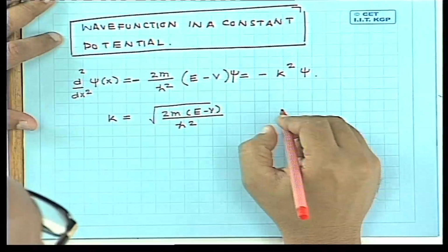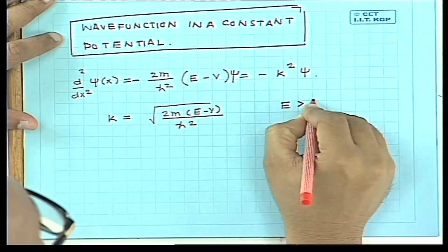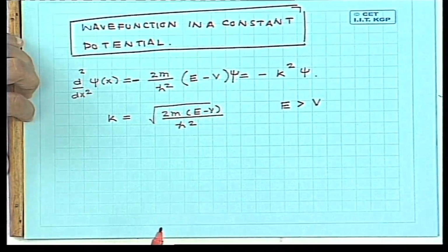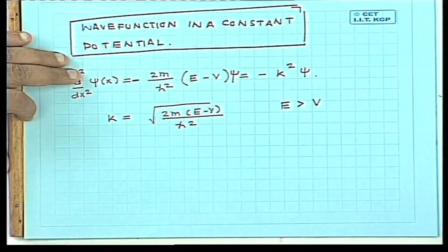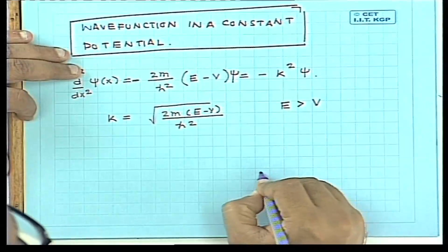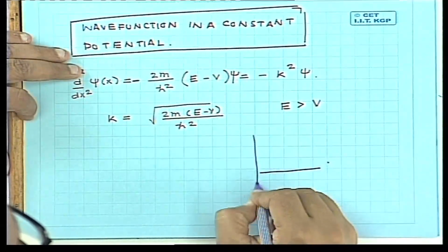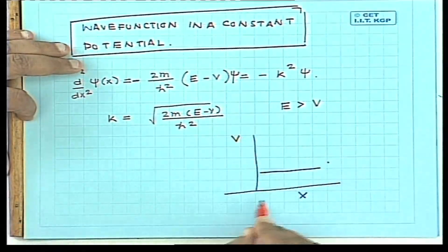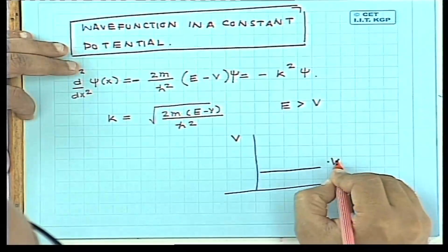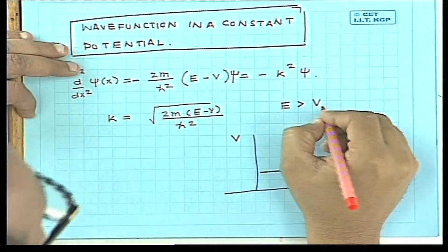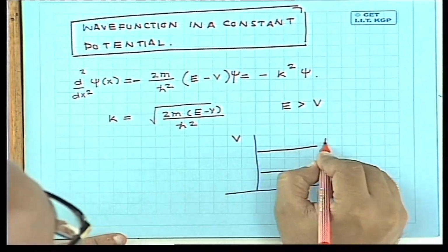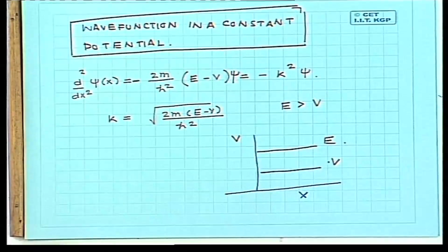So if E is greater than V, if the energy of the particle is greater than the potential, let me draw it here: this is my x-axis, I am plotting V over here, this is the constant value of V, and my energy is here. In such a situation, the solution is very simple.